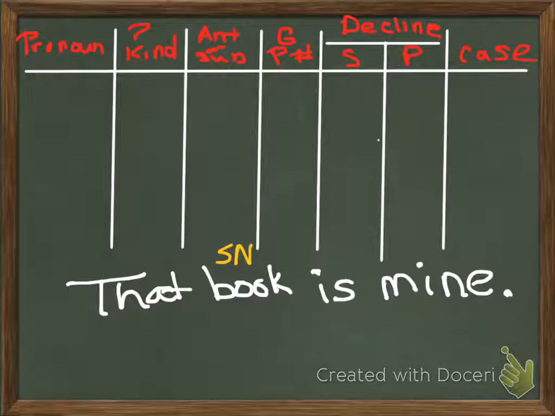What is being said about the book? The book is, intransitive or linking verb. It is what? So now we know it's either going to complement or it's going to modify. So it's a predicate nominative, and it is a special kind of predicate.